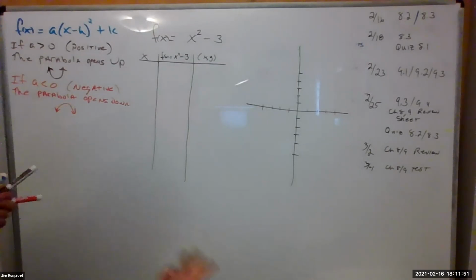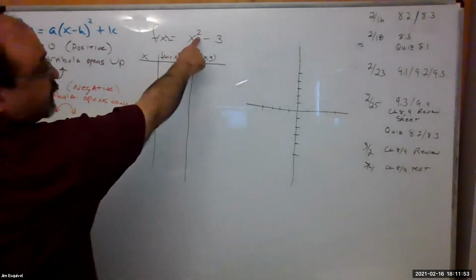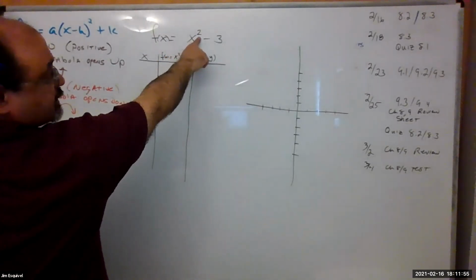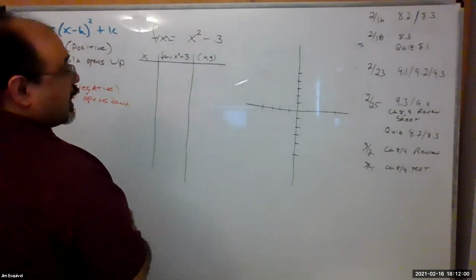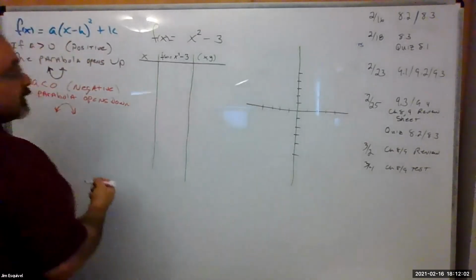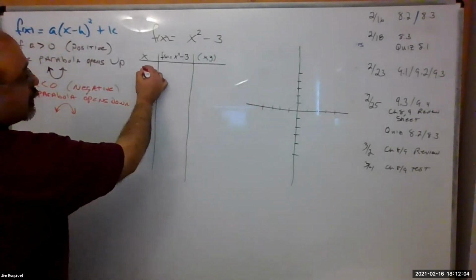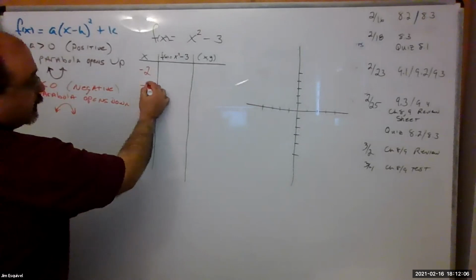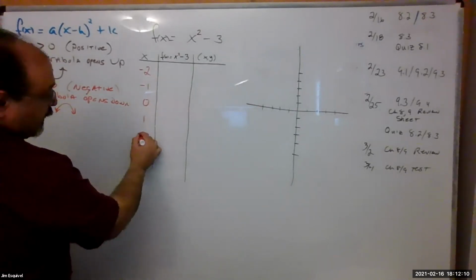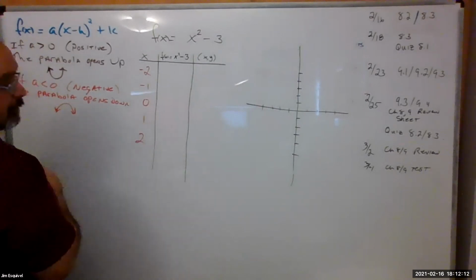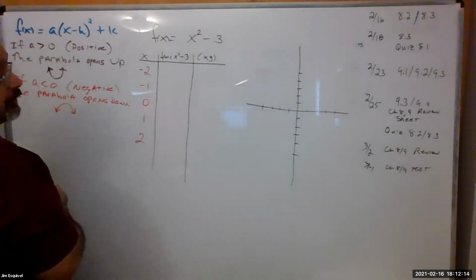We know it's going to look like a parabola because everything that is a square is going to be parabolic in shape. So I'm only going to use -2, -1, 0, 1, and 2 for my parabola this time. I don't need as many.